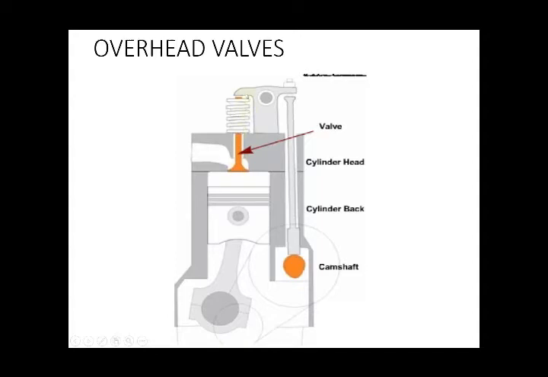When it is pushed upwards, it will exert pressure on the tip of the rocker arm, and it will in turn push down the push rod and the tappet mechanism. So that is how the overhead valve system works. Overhead valves are used in only a very few engines due to several disadvantages which we will see later on in this presentation.